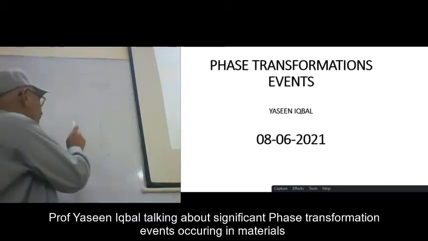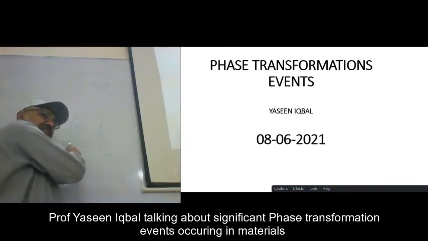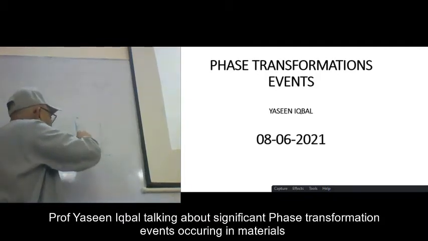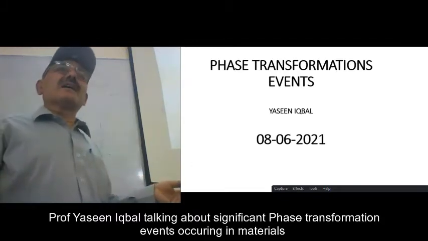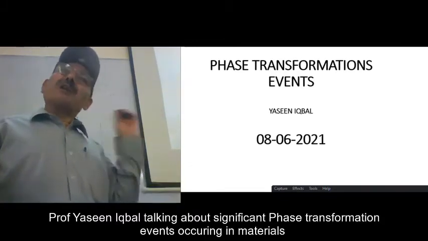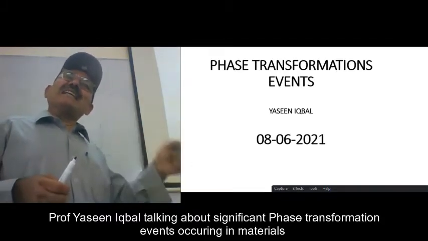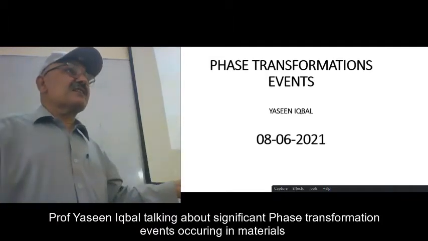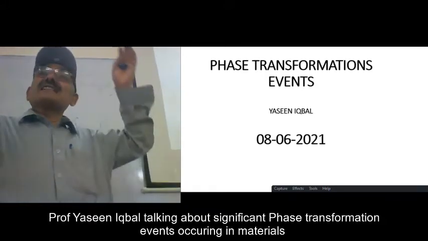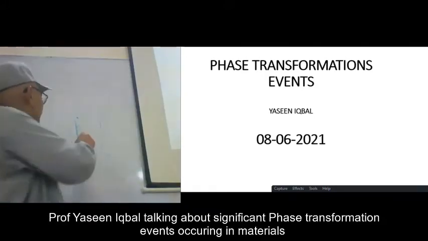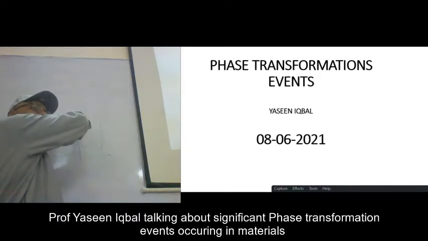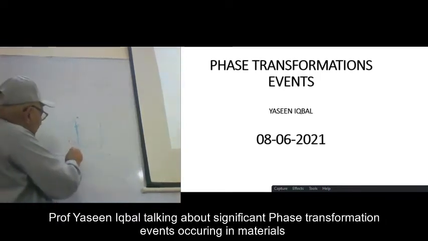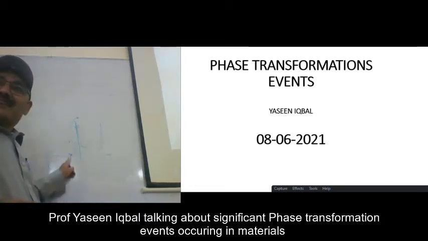Now, if you want exactly this phase, then you will have to heat treat the material at the peak temperature for a longer time so that every particle of the material is crystallized into that phase. You need large crystals, and to crystallize in shorter time, heat treat the material at the peak temperature. You want small crystals, then start from here, heat treat here.